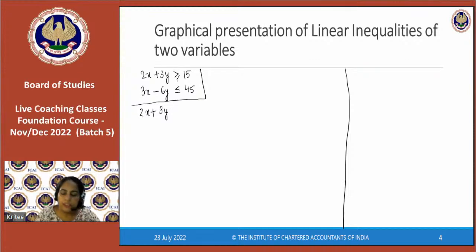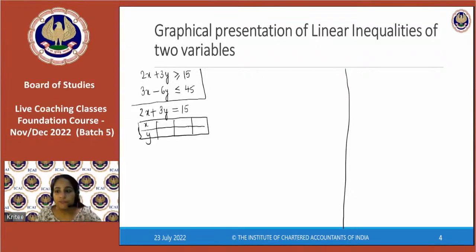For the purpose of solving, I will convert this inequality into equality first, and I will try to find out the values of x and y so that I can plot a graph.